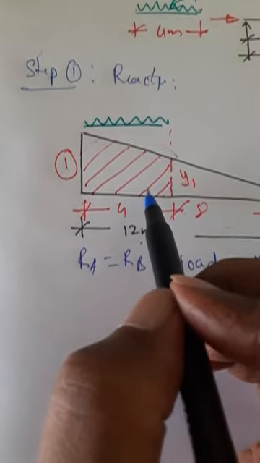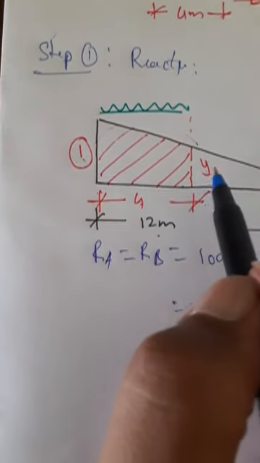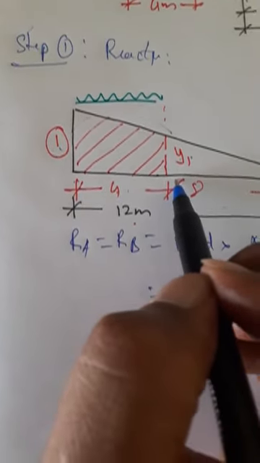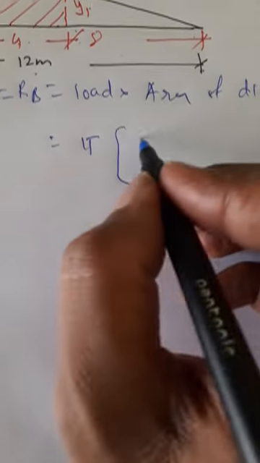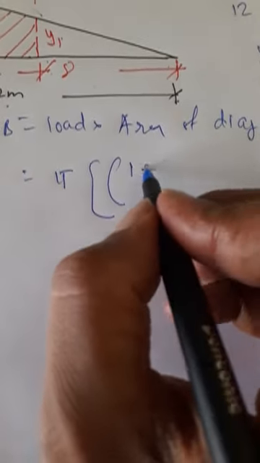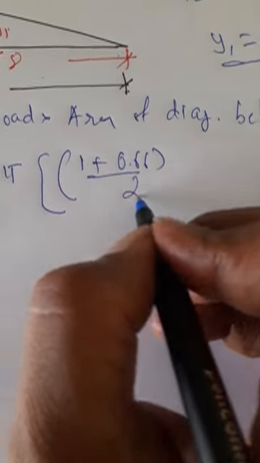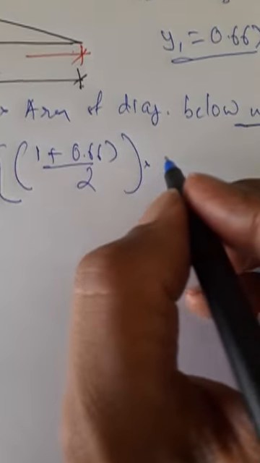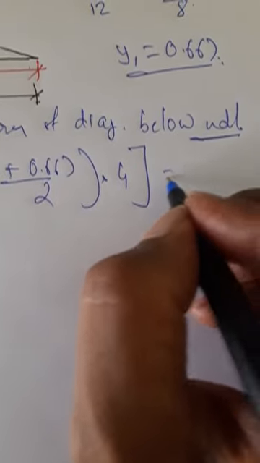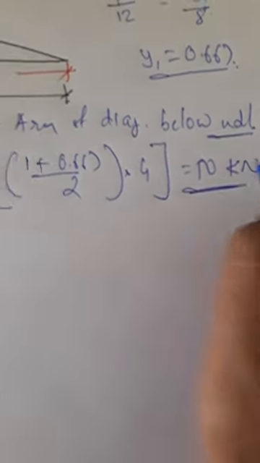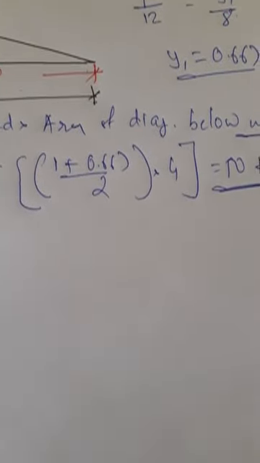The area of this trapezoid is given by (1 plus y1) divided by 2 into this span 4. Average height (1 plus 0.667) divided by 2 into 4 span gives me the value 50 kilonewtons. So RA is equal to RB is equal to 50 kilonewtons.